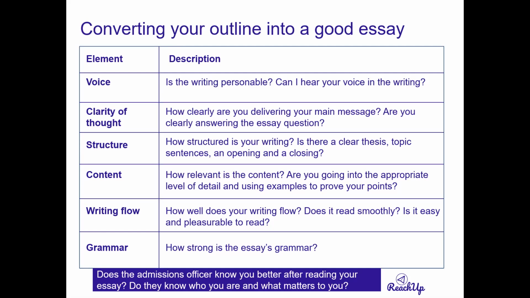So you're not going to get any bonus points for having good grammar, but you're definitely going to lose points for not having good grammar because that's expected. And that's something that can be corrected through reviews and having someone have a look through it and give you feedback. So going from outline to good essay, it's important you have all of these elements ultimately in your essay. And this is ultimately going back to the point of trying to help the admissions officer know you better after reading the essay by understanding who you are and what matters to you.